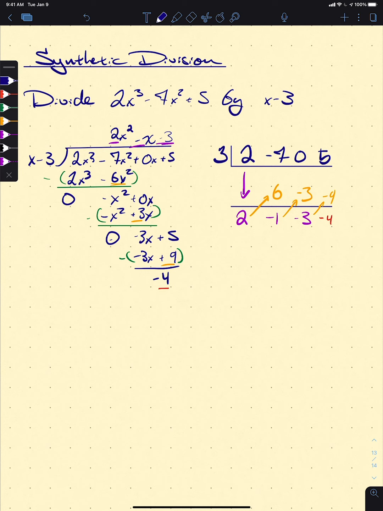So just by taking our thing and, instead of doing all this, we drop down, multiply, add, multiply, add, multiply, add. If we remember what our coefficients are, well, this guy is my quotient, right? Just like this is my quotient. And this is my remainder.